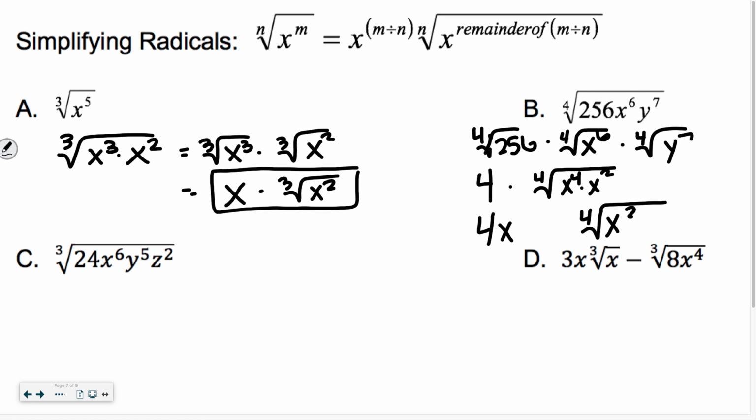Same thing. 7 divided by 4 doesn't divide nicely, right? So I'm going to break that up and say, what's a multiple of 4 that will divide nicely by the root when I turn it into a rational exponent that's under 7? Y to the 4th. So this can be the 4th root of y to the 4th times y cubed.